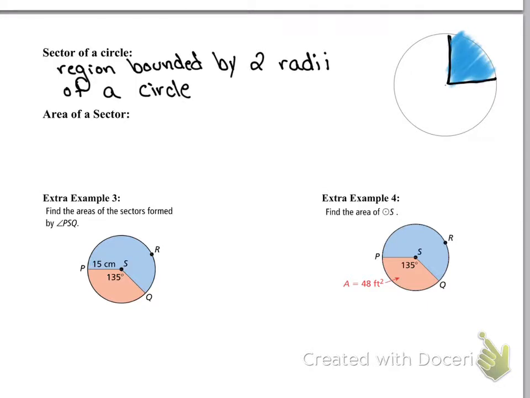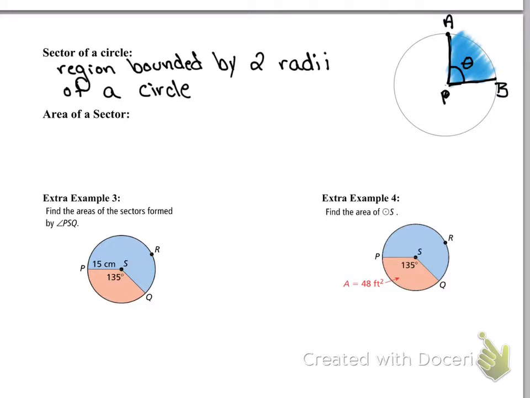So the area of this sector is going to be in relation to the area of the whole entire thing. To figure out what part of a circle this is, I would need to know this angle theta. We use the points of the sector. If this was point A, P, B, we would call the sector APB, a lot like a central angle.